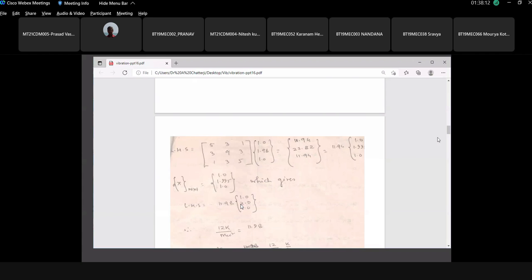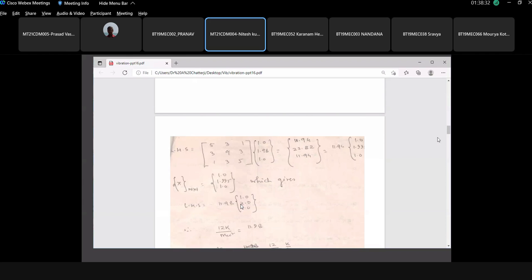Nobody asked me a question. Because this M inverse K will be a one minute job. Which one will you be able to find easily, M inverse K or K inverse M? M inverse. So what was the mistake in M inverse K?